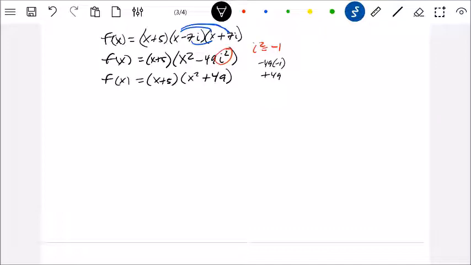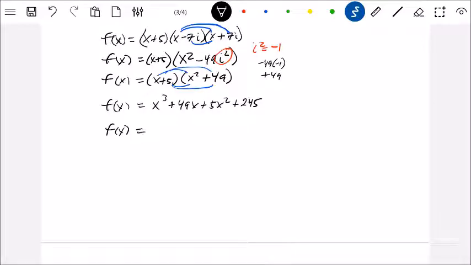All right, now I'm going to multiply the x times these and the 5 times these. So I get that the function of x is equal to x cubed plus 49x plus 5x squared plus 5 times 40 is 200, and 9 is 45. This would have to be 245.